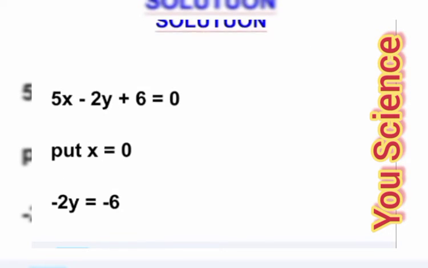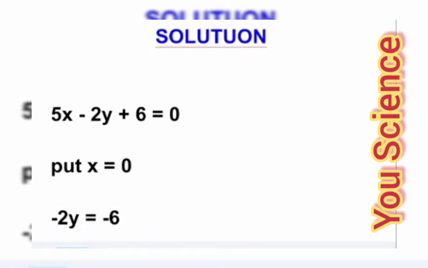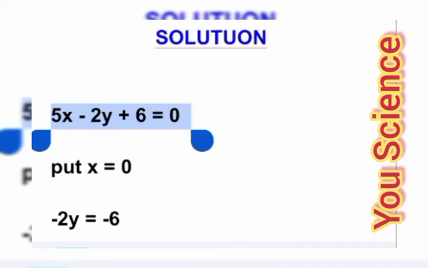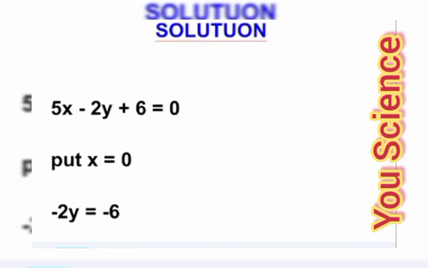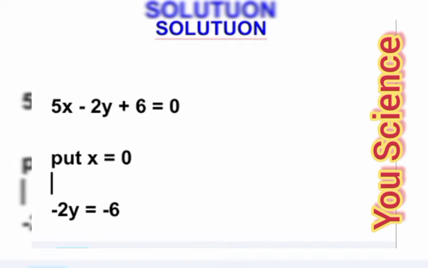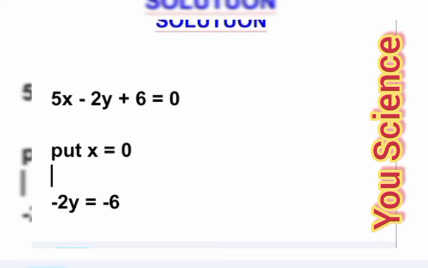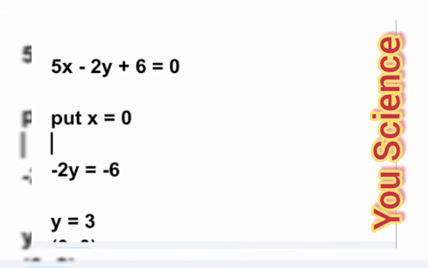By putting x equals 0 in this equation, we have 5 times 0 minus 2y plus 6 equals 0. So that gives us minus 2y equals minus 6. By dividing both sides by minus 2, y is equal to 3.